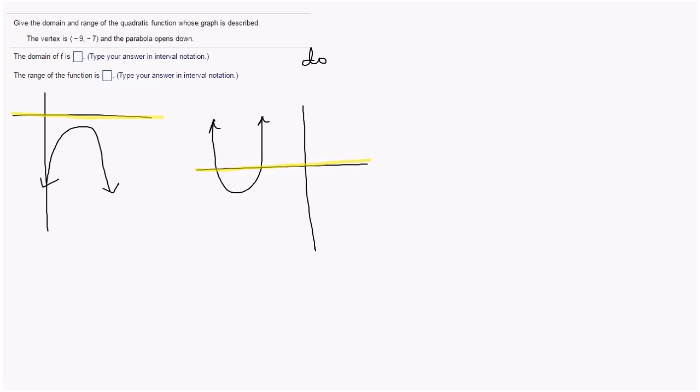So when you write the domain in interval notation, it's any real number from negative infinity to positive infinity. Whenever we write an infinity symbol, we always use round brackets. So the domain of a parabola will always be that, which is a really easy answer because all parabolas have this domain.